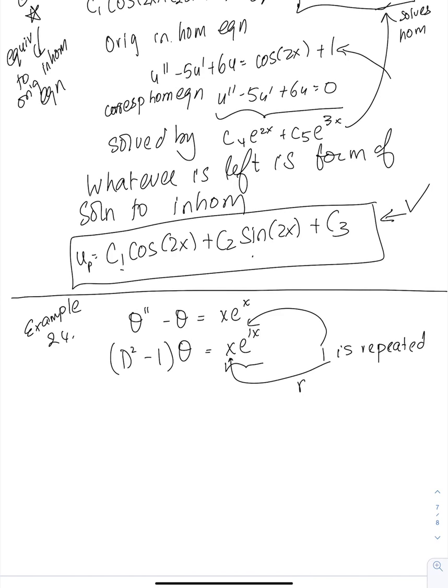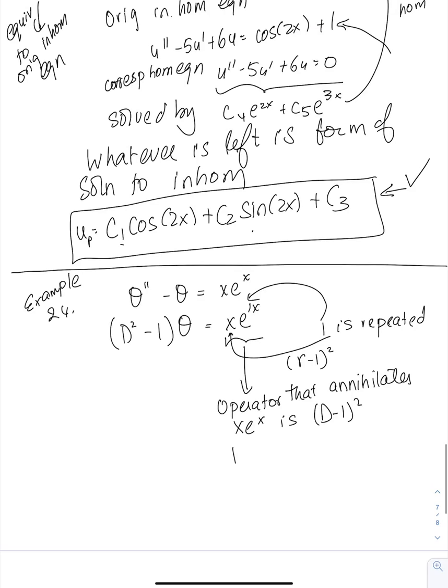So you know r minus 1 squared would be the auxiliary equation of a differential equation to which x e to the x is a solution. So you know an operator that annihilates that is D minus 1 whole squared.